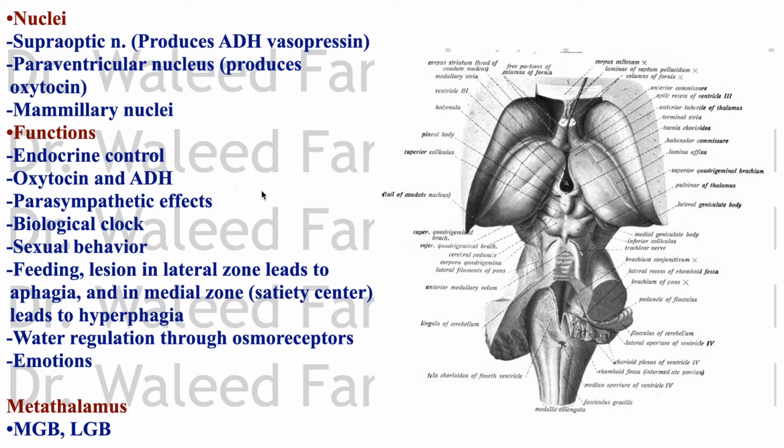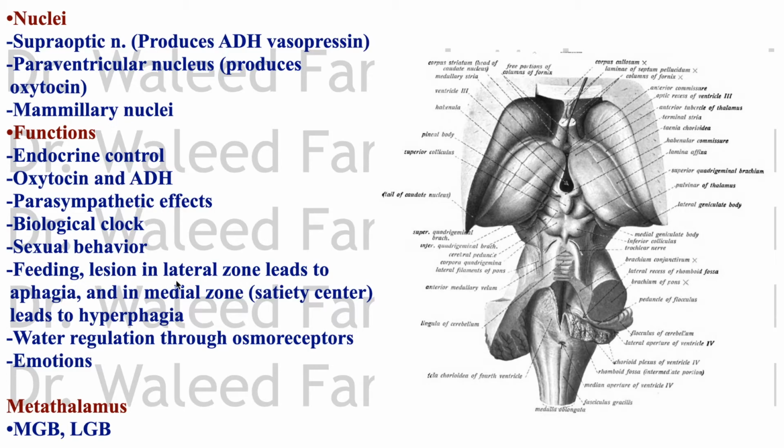Oxytocin is not responsible for the production of milk. The hormone responsible for that is prolactin, but be careful: oxytocin is for ejection of milk and uterine contractions. The hypothalamus has parasympathetic effects all over the body and is responsible for the biological clock. You see, the functions of the hypothalamus are numerous. It controls sexual behavior and feeding, for example.